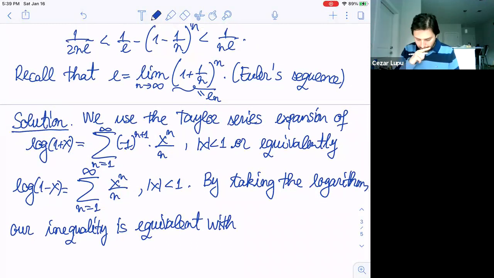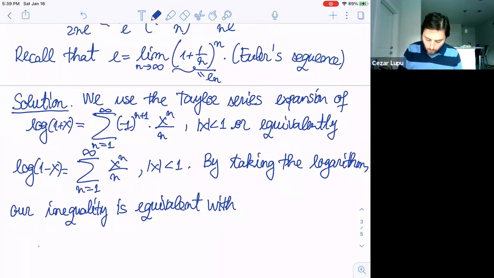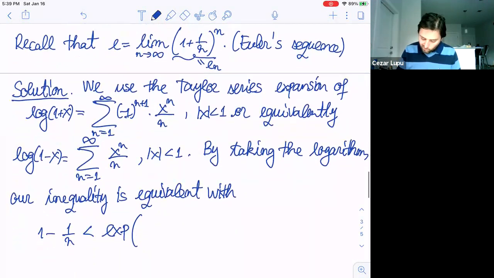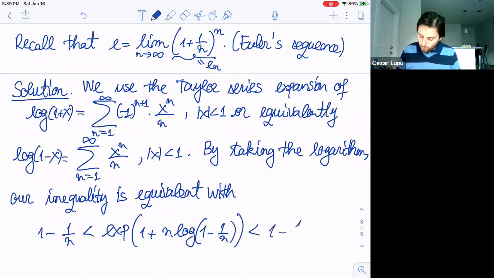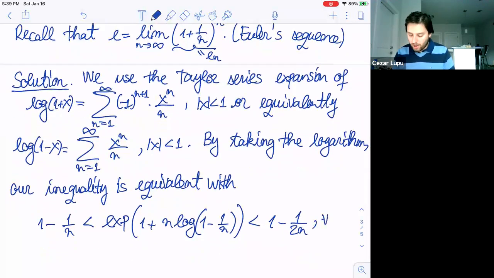So let's see. Let me write it in this way. 1 minus 1 over n is less than the exponential of 1 plus n log of 1 minus 1 over n, and this will be less than 1 minus 1 over 2n. So that's the inequality that we have to prove, right?